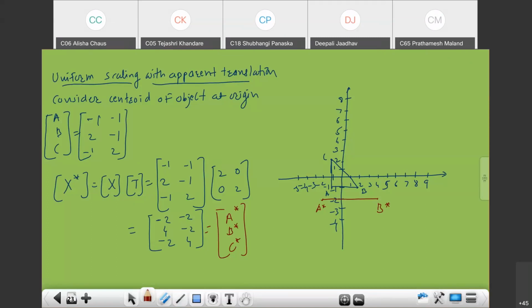What does it indicate? It indicates the pure scaling, or uniform scaling, without apparent translation. The centroid of the object is at the origin.